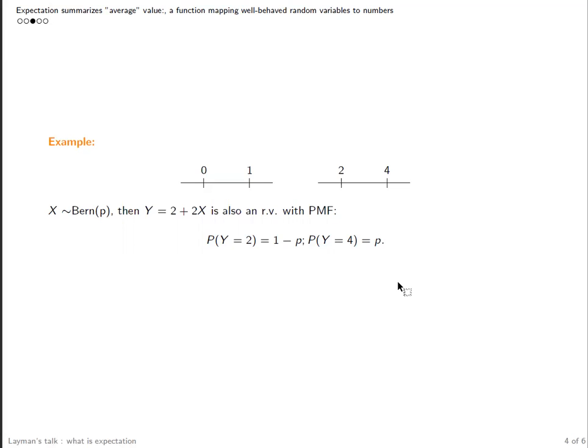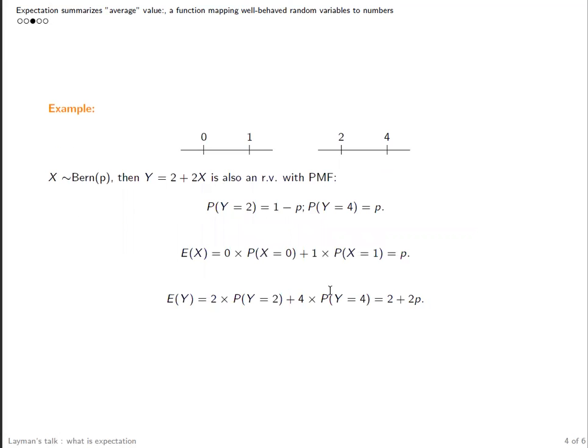The expected value of Y, following similar logic, is 2 plus 2p. Given Y is a linear transformation of X, from our daily experience the average should also follow the linear transformation of the original average.